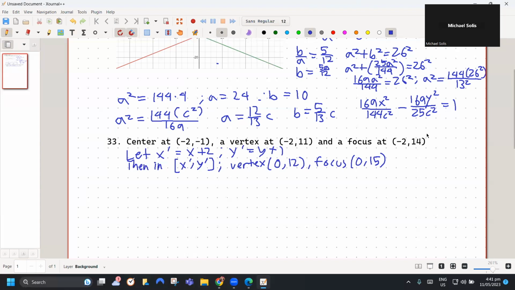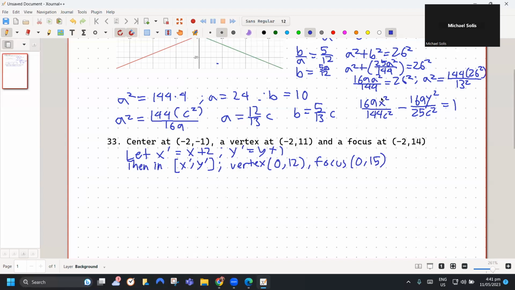Okay, so negative 2, negative 1, vertex at negative 11, focus at negative 2, 14. Okay, so let x prime be equal to x plus 2, y prime is equal to y plus 1.